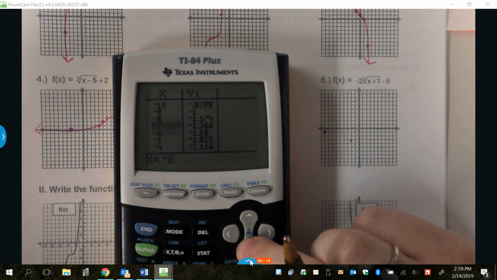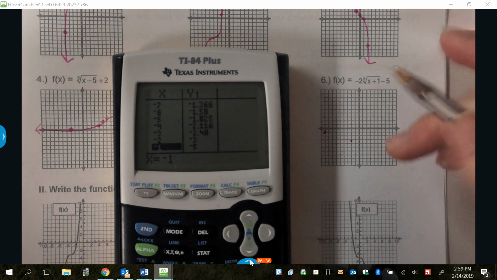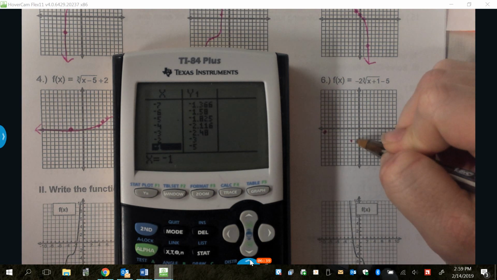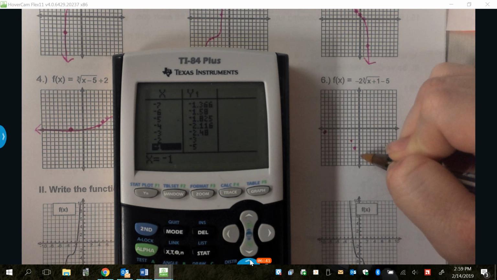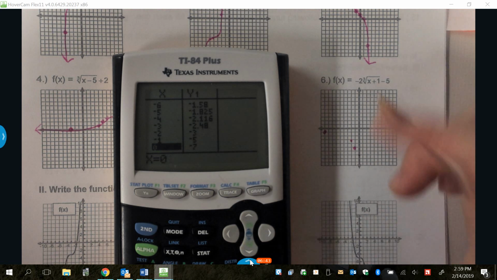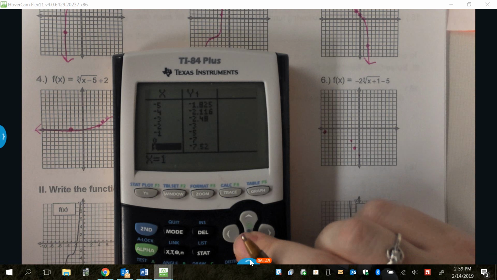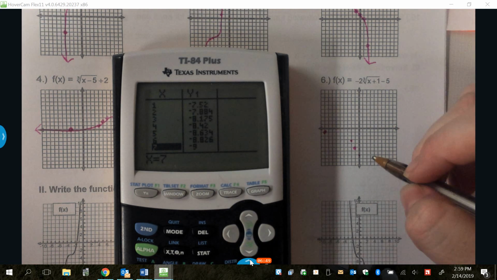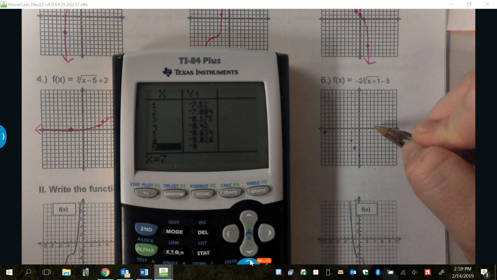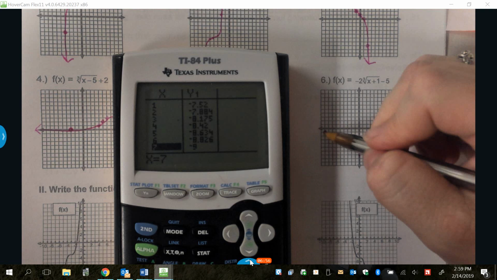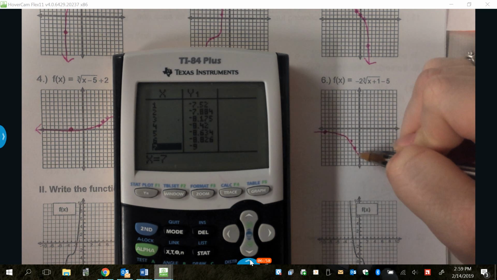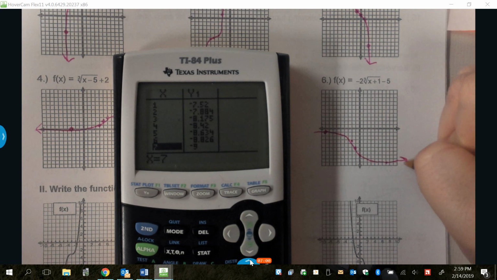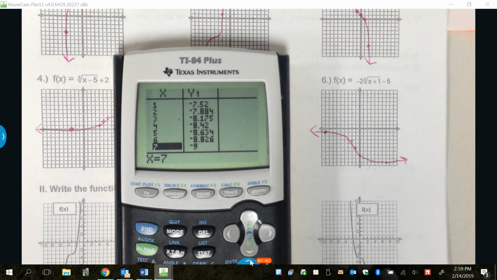Negative 9 is 1. Yeah, I'm just making sure I did this right, sorry. Negative 1 is negative 5. 0 is negative 7. And then we get 7, negative 9. So you see how it's kind of like taller than it normally is? That's how we know it's vertically expanded.